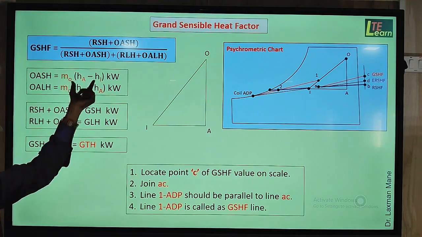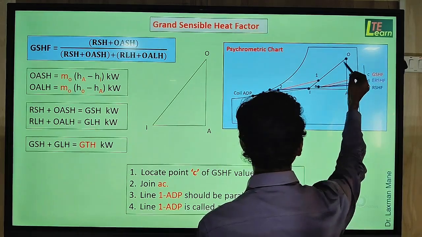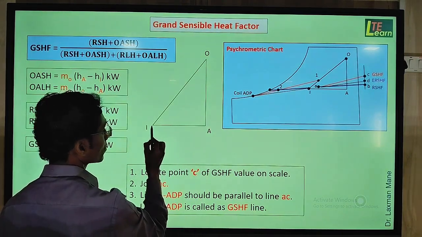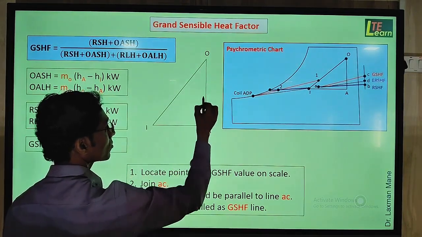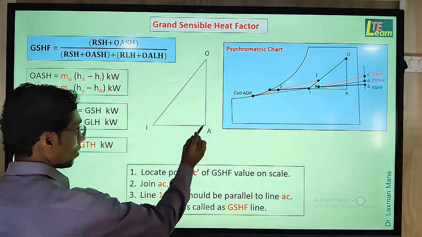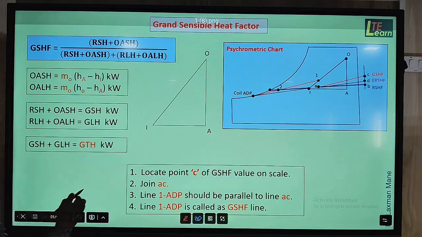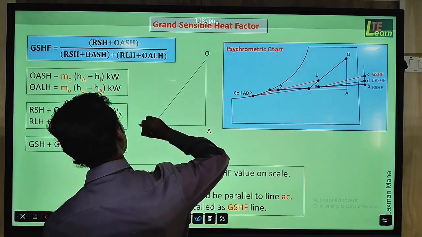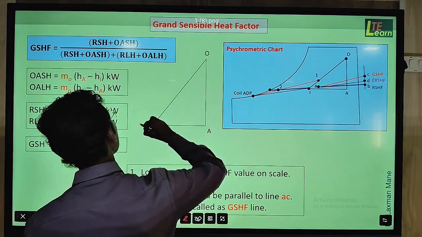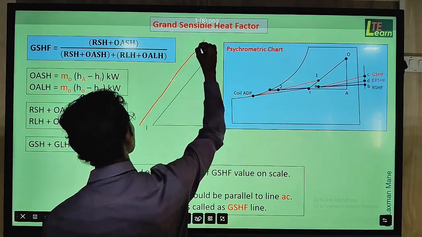Now how to find this enthalpy difference? We have already located points O and I, the outdoor condition and indoor condition. We draw a horizontal line through point I and a vertical line through point O, and we get the intersection point A. Then all these three points we project on the enthalpy scale. Suppose this is an enthalpy scale.